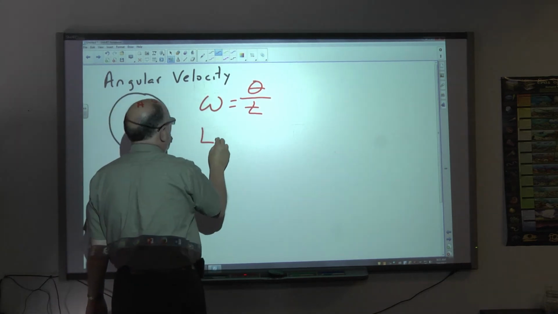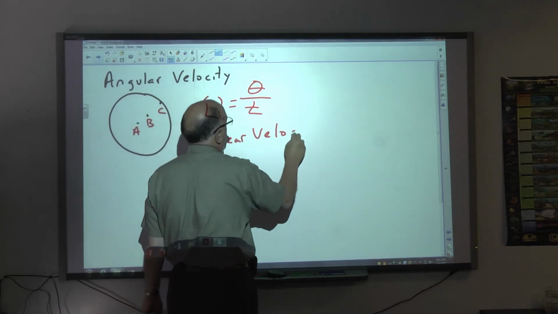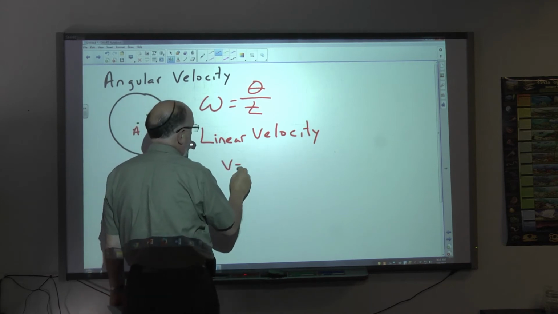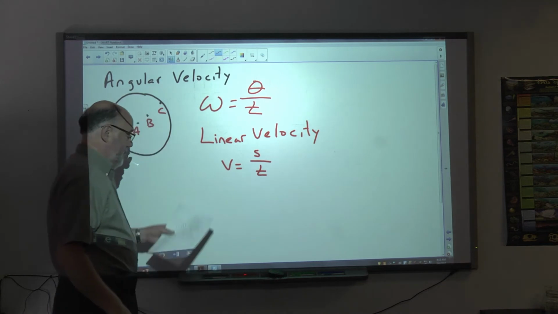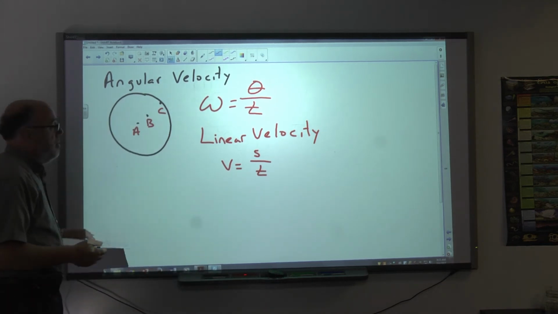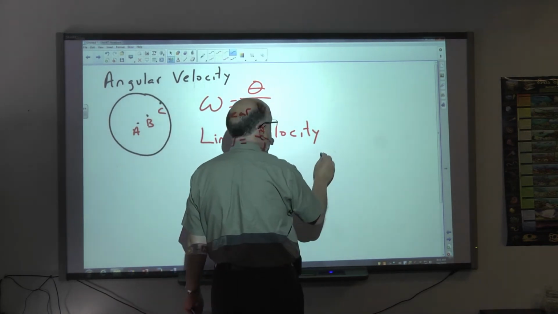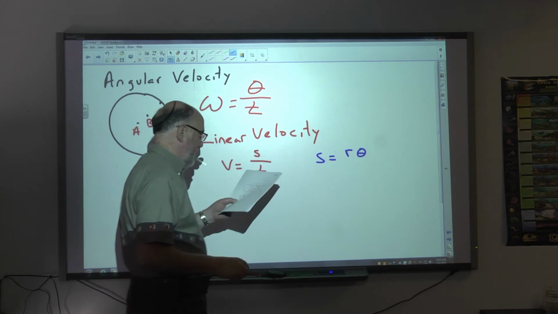And then linear velocity is given by the arc length divided by time. And we also have that from what we had earlier. We know that S is equal to r times theta. Right?